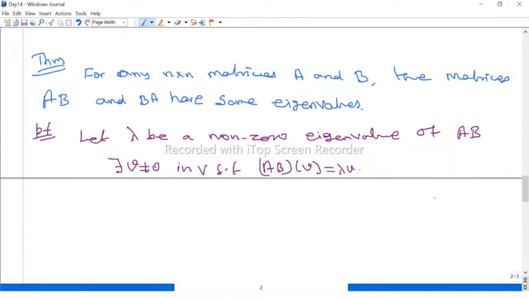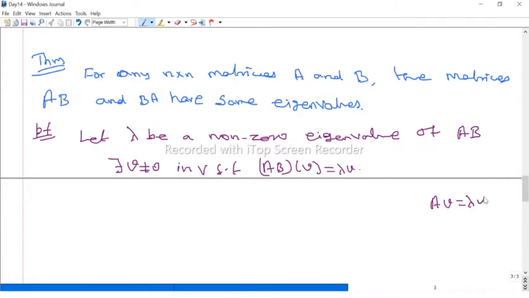This V is an eigenvector corresponding to the eigenvalue lambda.